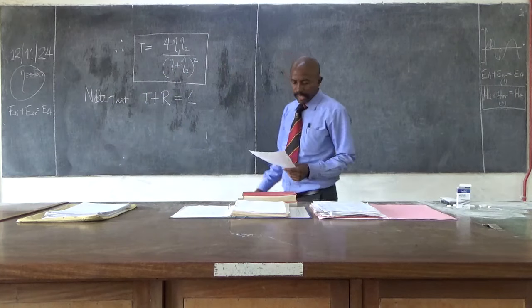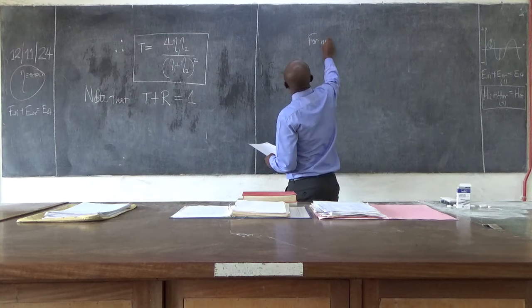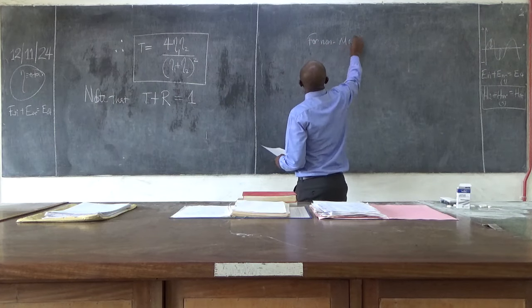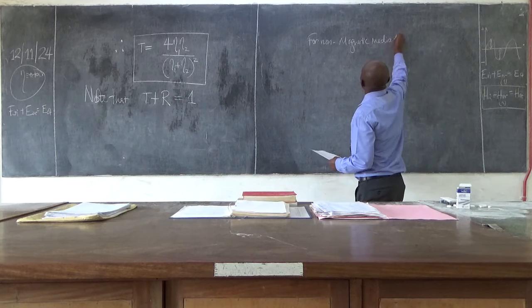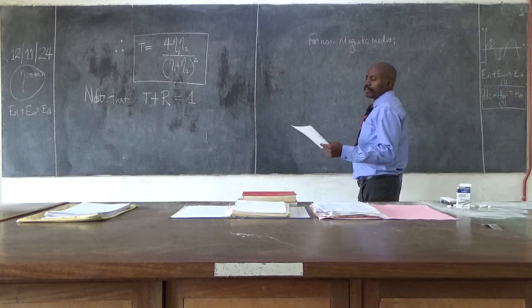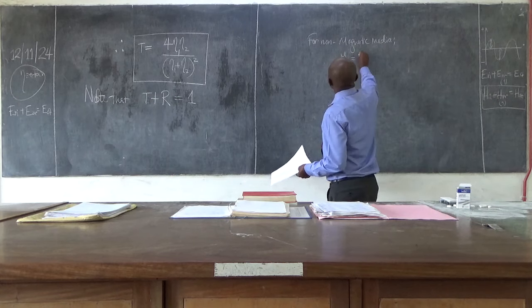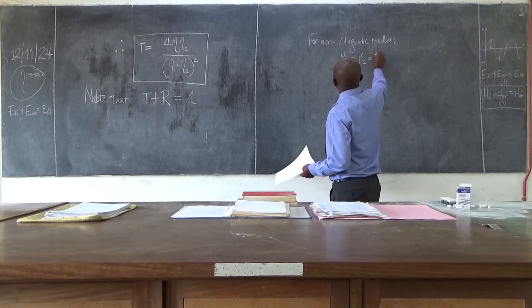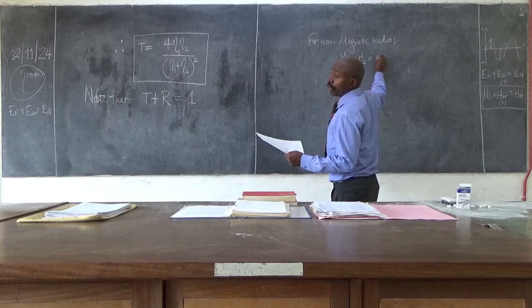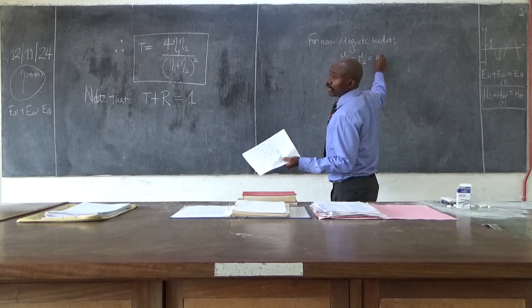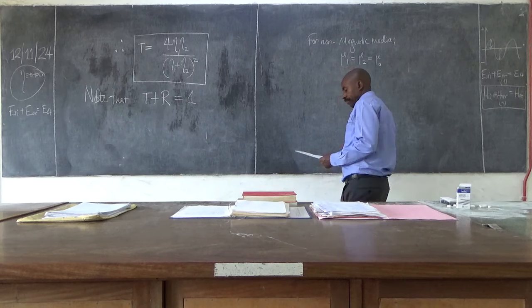Now, for non-magnetic mediums, we have that mu 1 will be equal to mu 2, and will equal, if it is non-magnetic, mu naught.